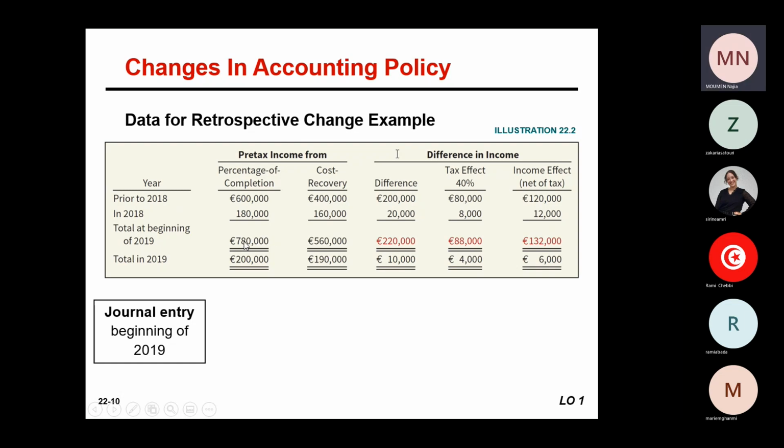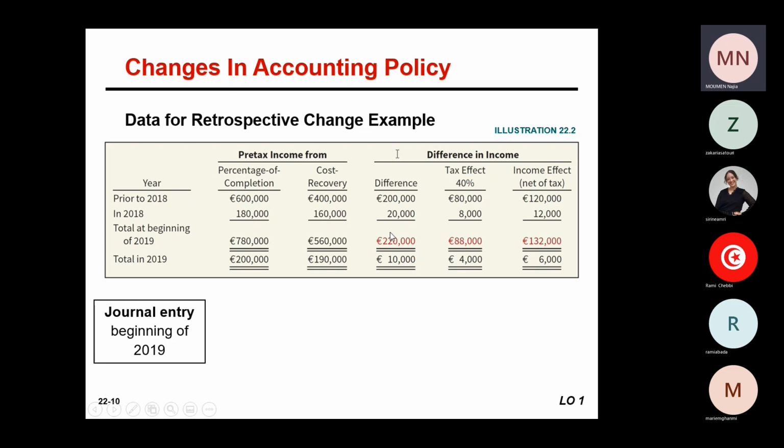So in the beginning, that's the current period, we got the percentage of completion, 780. Using the cost recovery, we had a difference of 220. That's the beginning, meaning before we switch, at the beginning of 2019, the year where we decided to make the change.